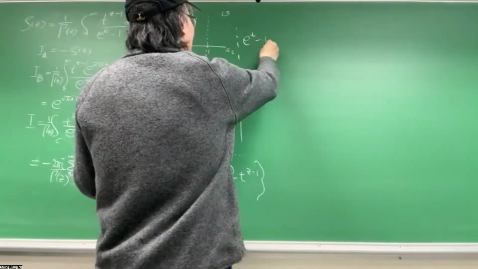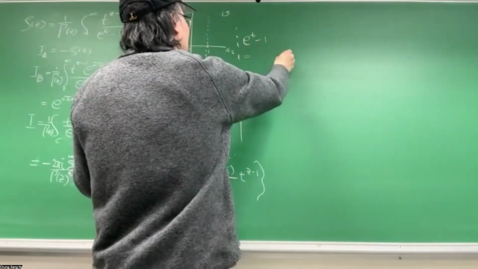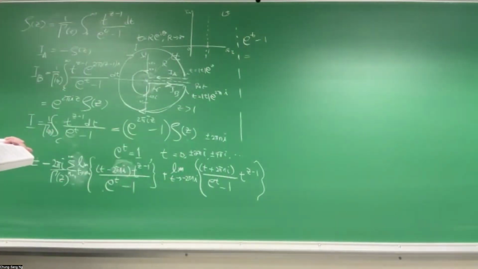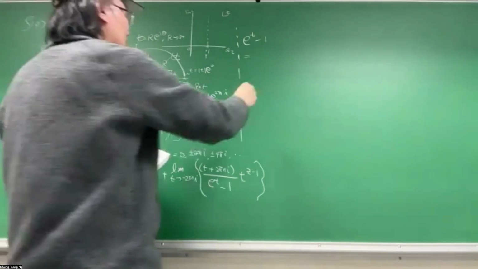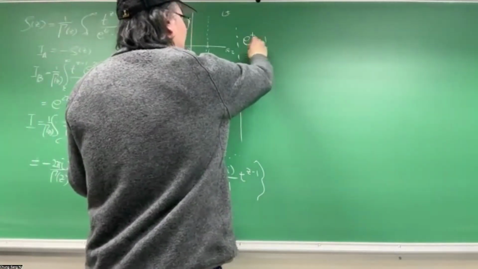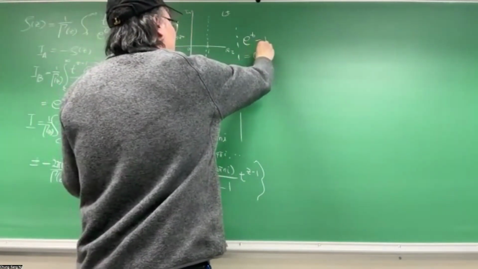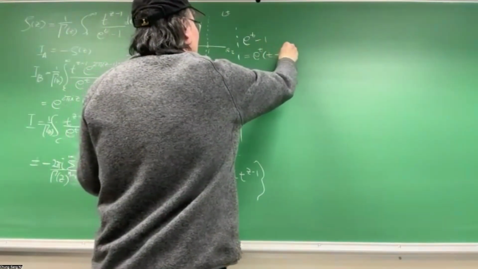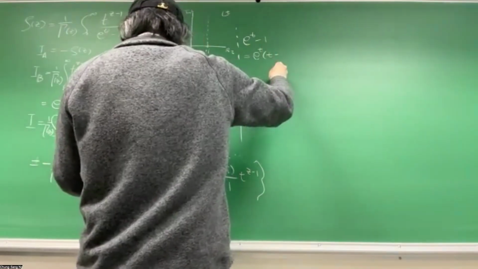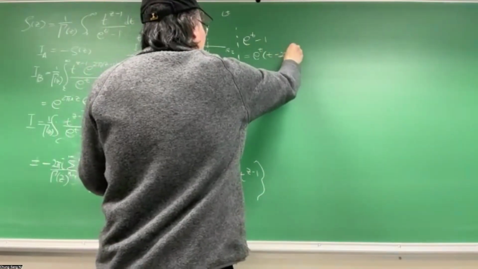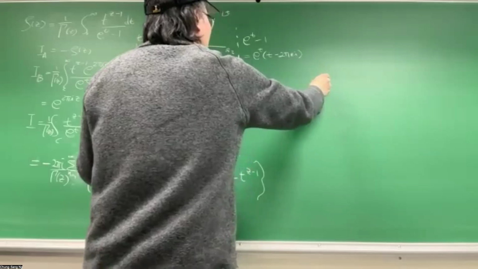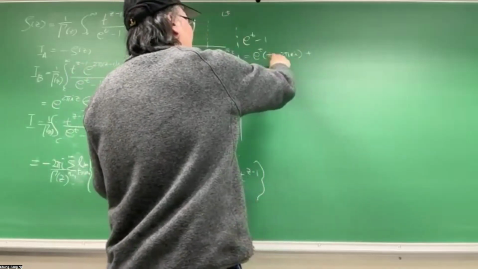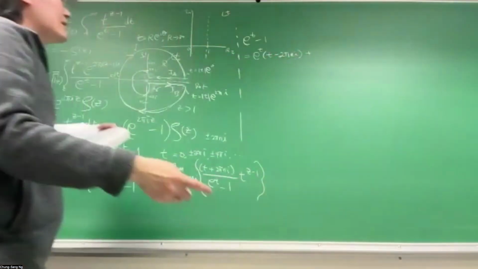So this is 1, and then the next term is e to the t, because you take the derivative, times t minus 2 pi n i, and then plus the second order derivative times t minus 2 pi n i squared, right?